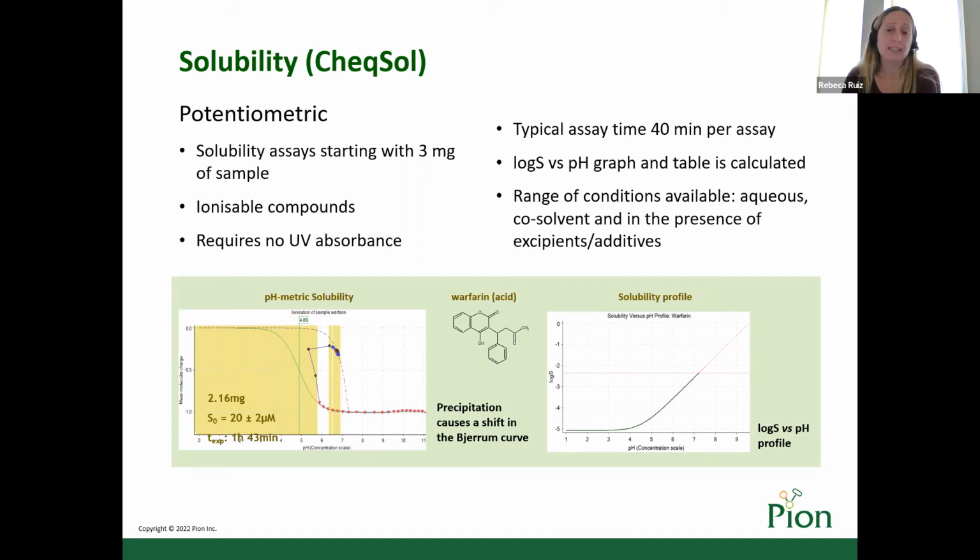And once the data is processed, a log S versus pH graph and a table are also calculated, as shown in this graph on the right. A range of conditions are available, like aqueous or co-solvents to use, or the presence of excipients and additives.